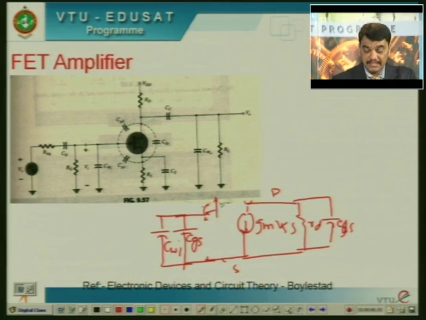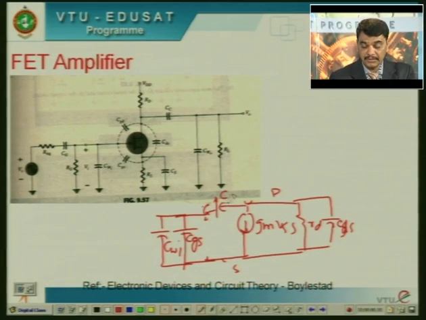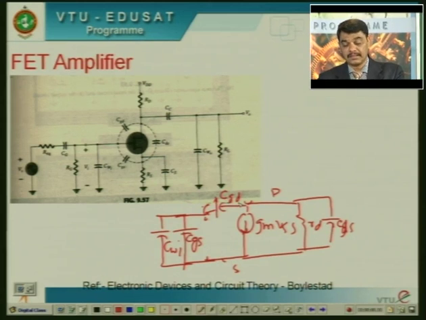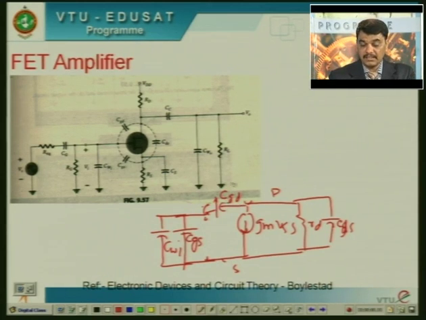This is also known as a feedback capacitance between the input and the output. This is an equivalent circuit model of a transistor FET amplifier at high frequency.